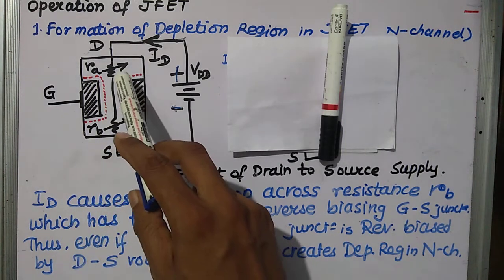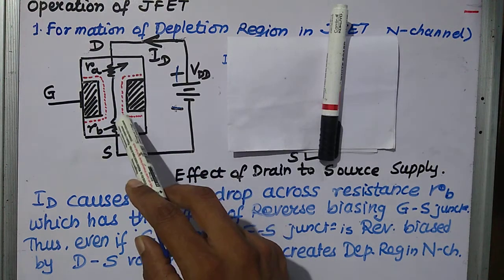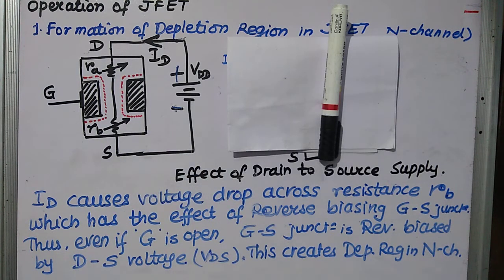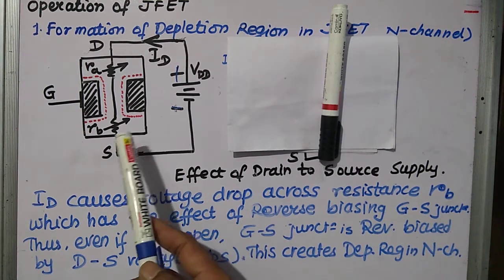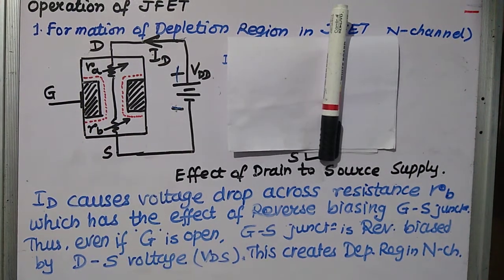Of course, it will cause a voltage drop across RA, but it will cause a voltage drop across RB also. And the effect is the same as that of the reverse bias of the gate to source junction.